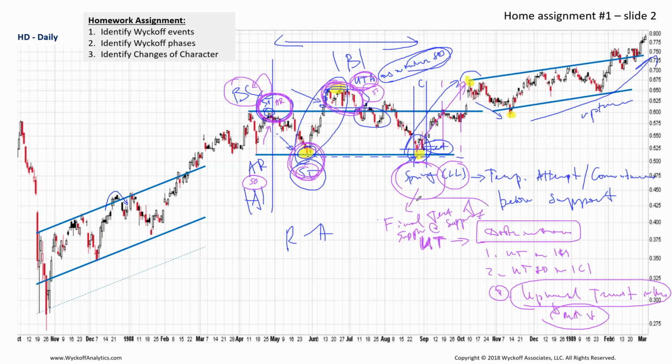That's what phase C is all about. So it cannot be a rally. Phase C is basically a test. Phase C is not the rally. For those of you who are mistakenly thinking that phase C could be a part of the rally, no. Phase C is the test, and the test only comes in the accumulation as a reaction and not as a rally.